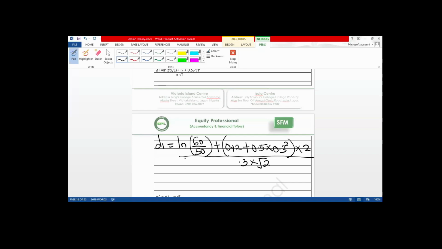Then divide by, a bracket is needed to cover the 0.3 multiply by the root of 2. Final answer, 1.2076. Your D1, 1.2076.